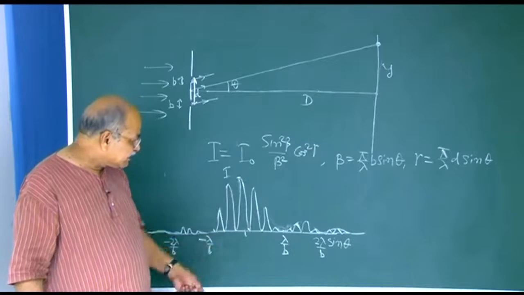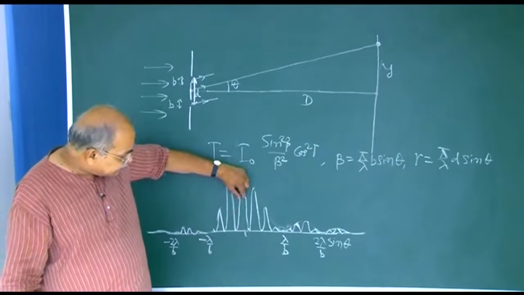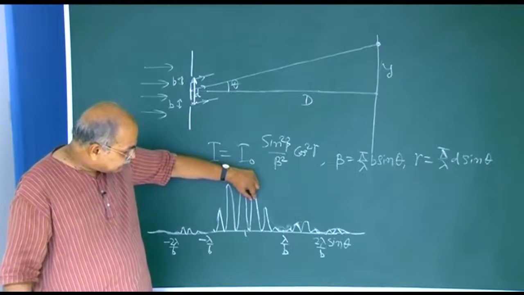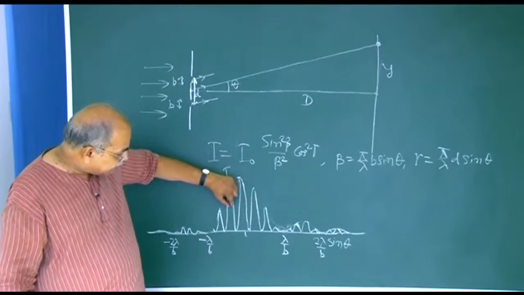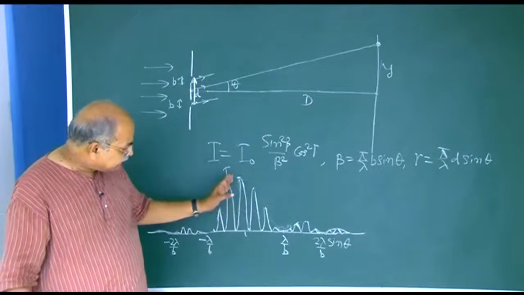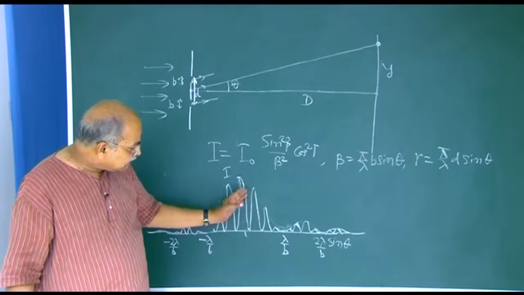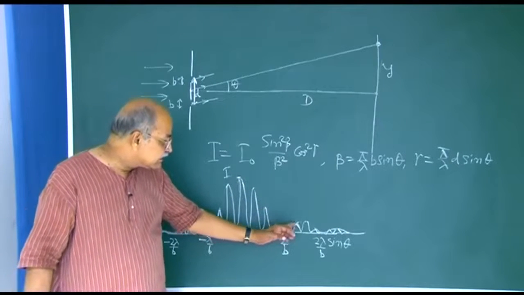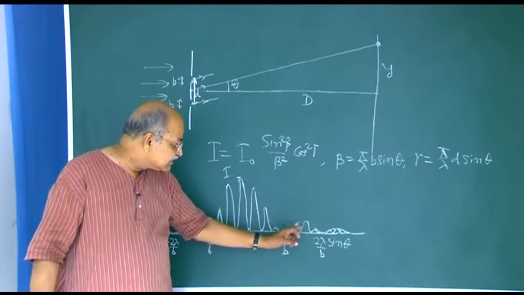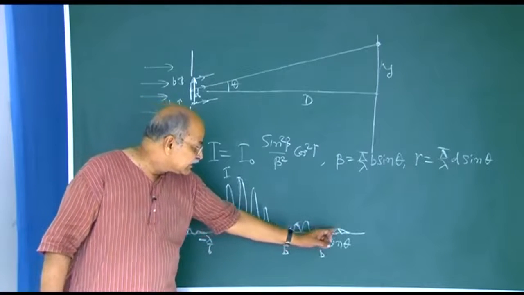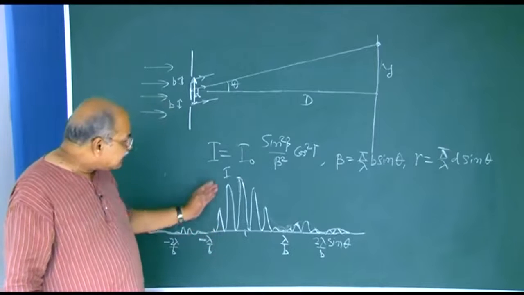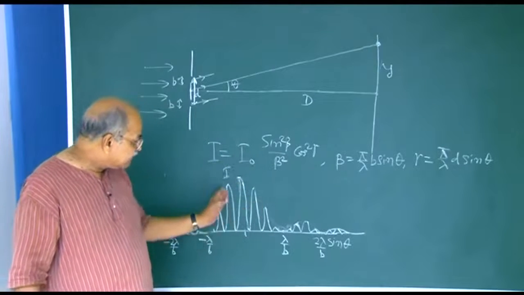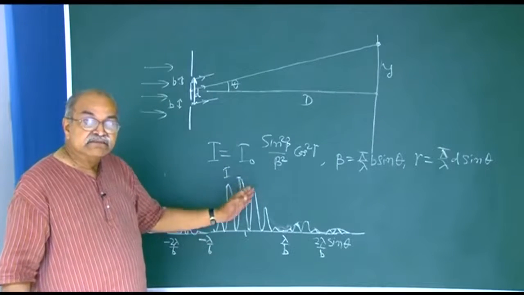The important thing is the width of the central fringe is the same as the width of the adjacent fringe, and in fact all the fringes, but the intensity goes down, governed by the diffraction envelope, and then once again the intensity increases, but you have several maxima inside. So within that diffraction envelope you have this interference pattern.